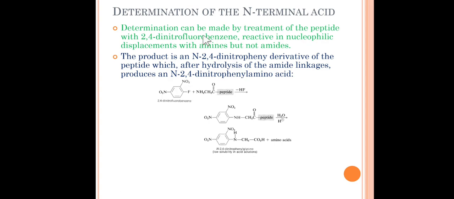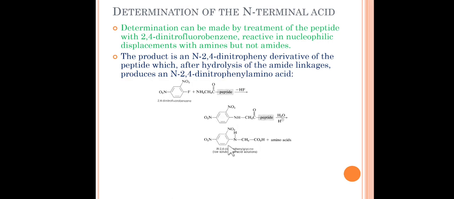So friends, it is not reactive with amides, so it is very useful for the identification of N-terminal amino acids. Okay, the product is the N-2,4-dinitrophenyl derivative of that peptide, which after hydrolysis of the amide linkage will produce the 2,4-dinitrophenyl amino acid.